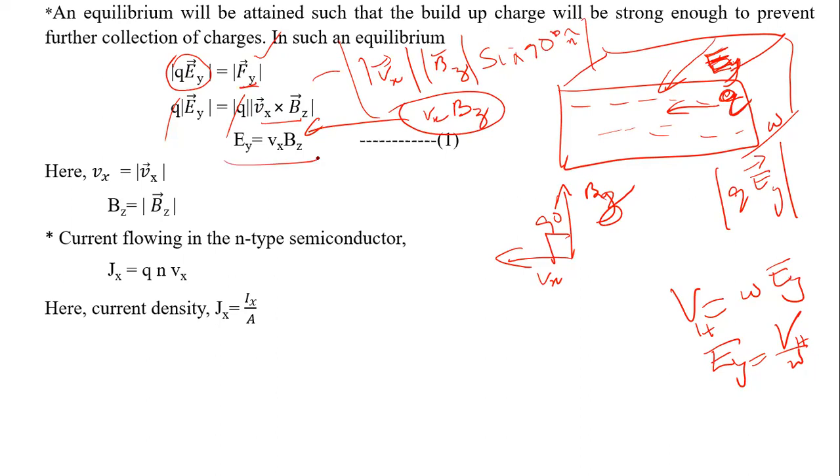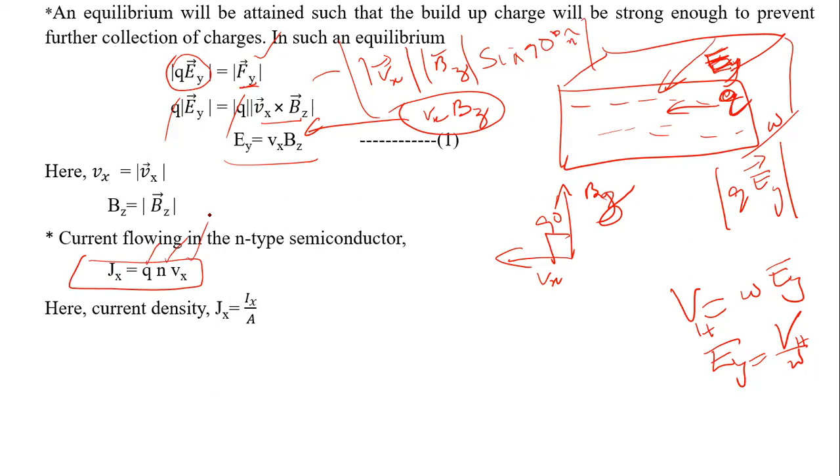Now, the current flowing in the n-type semiconductor, the current density, like we discussed before. I think I have discussed this relation; you can just revise it also. The current density under the action of the externally applied field will be Jx equal to Q, the charge, into n, the concentration of charge, into Vx, the velocity of motion of the charge, because the electrons are moving along the x-axis.